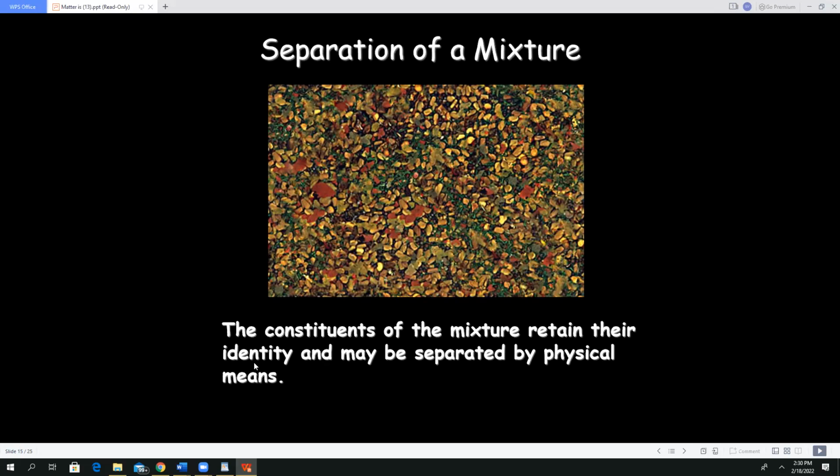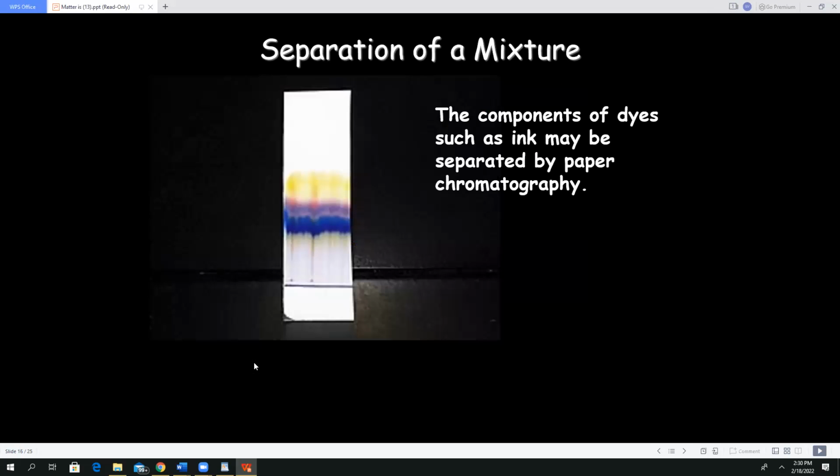Well, you focus on the property that's going to help you separate it. For example, right here, the components of dyes, such as an ink, may be separated by paper chromatography. And depending on whether it's water soluble, like your water soluble markers, you could use water. But if it's permanent marker, no, you need alcohol.